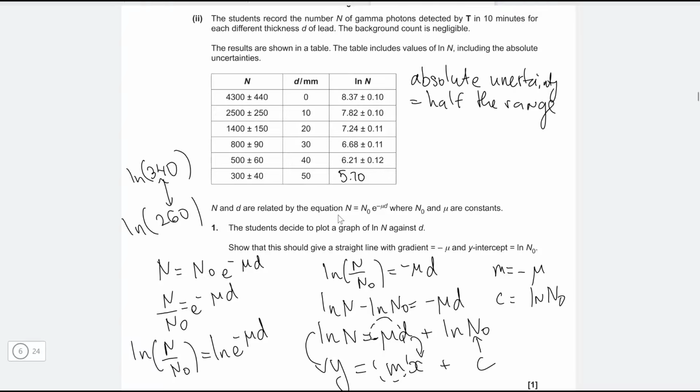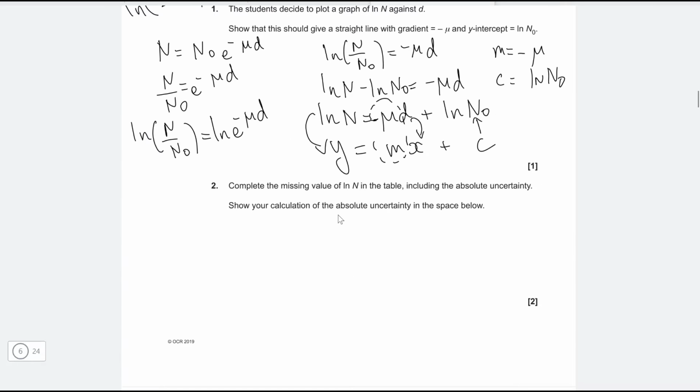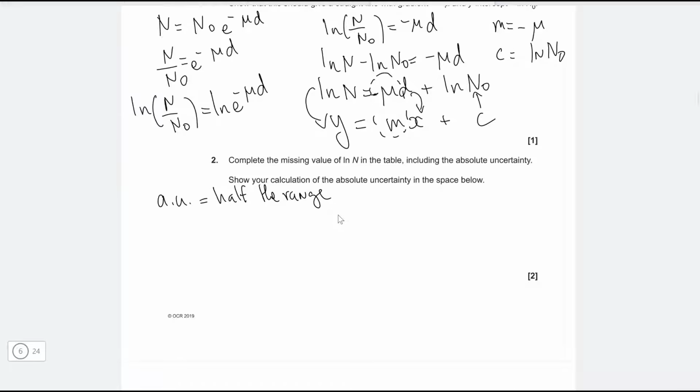Okay, well, let's show our calculations. Let me just write that the absolute uncertainty, I'm just going to call that AU in this case, is approximately equal to half the range. Good rule of thumb to remember.